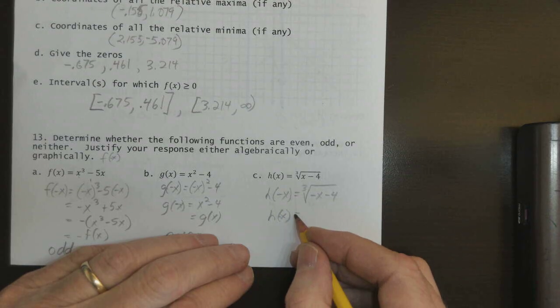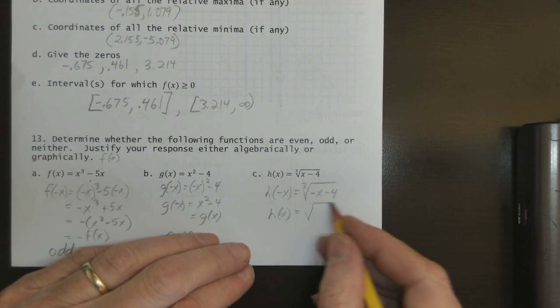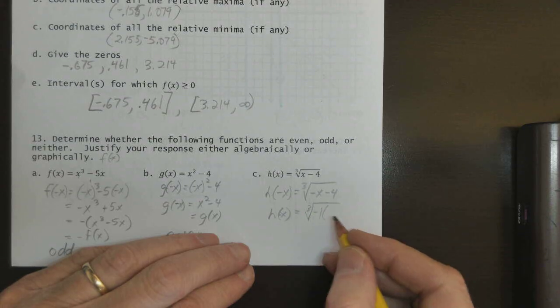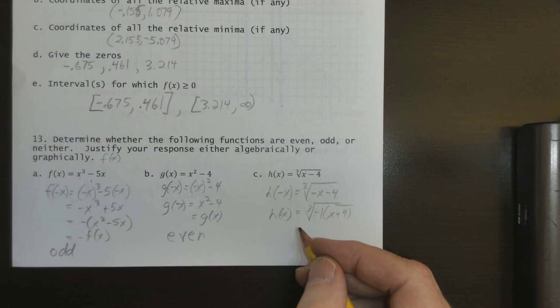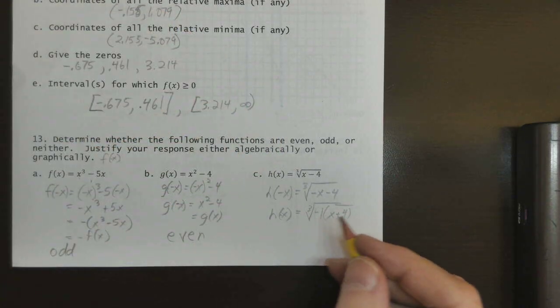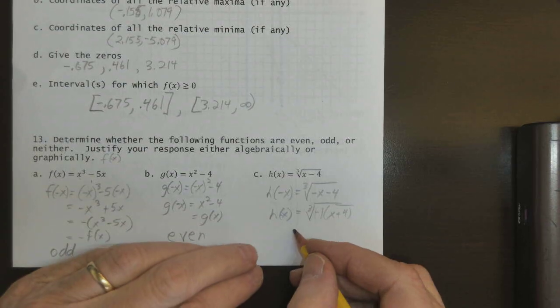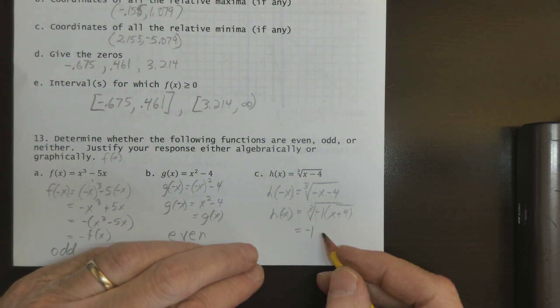I factor out a negative 1, so the cube root of negative 1 times x plus 4. The cube root of negative 1 is negative 1.